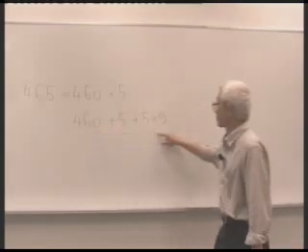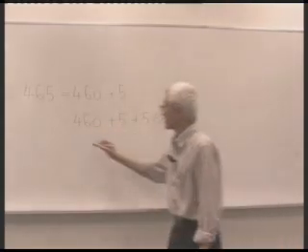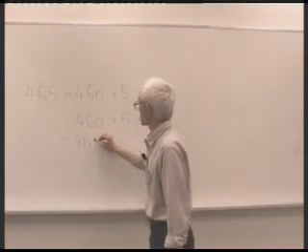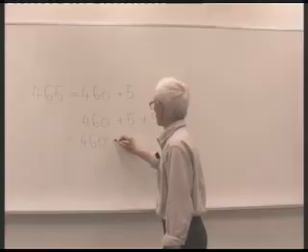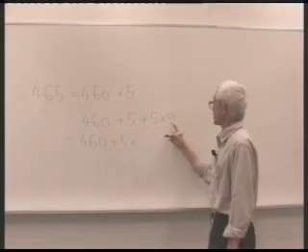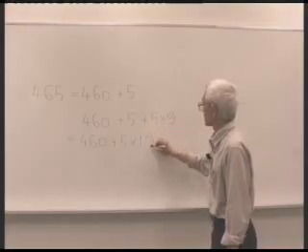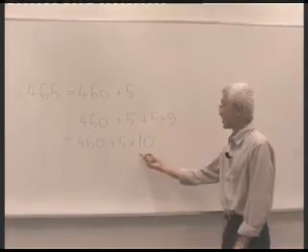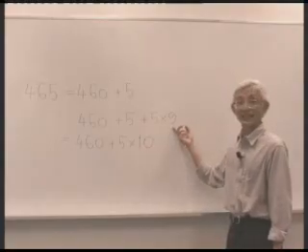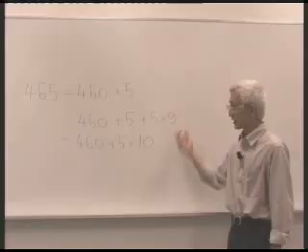Let me look at the whole thing here. This will be equal to 460 plus 5 times, this is 1, this is 9, 10. Can you see the 10 here? So I'm making 10 by adding an additional term.